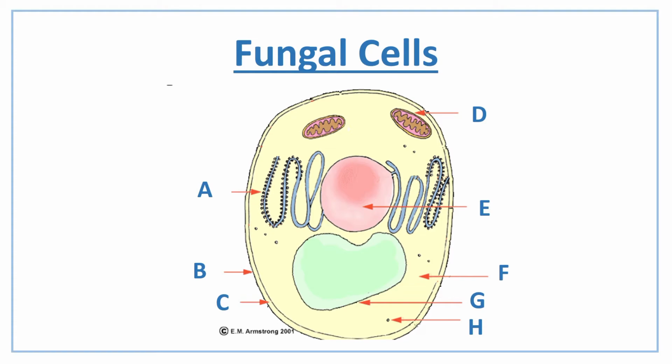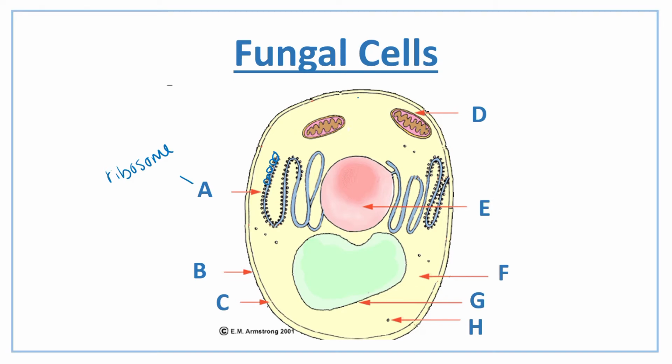In the last lesson, I explained that ribosomes can be found floating about in the cytoplasm or attached to these big stringy lines. And that is an example here in A. So A is a ribosome, or several ribosomes. They're the little dots that are attached to these big stringy lines coming off of the nucleus.